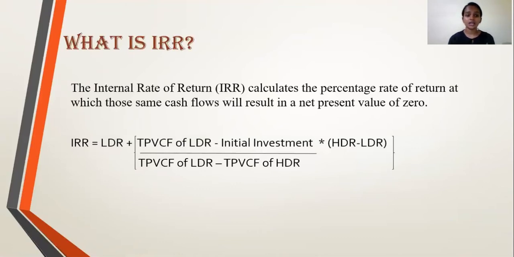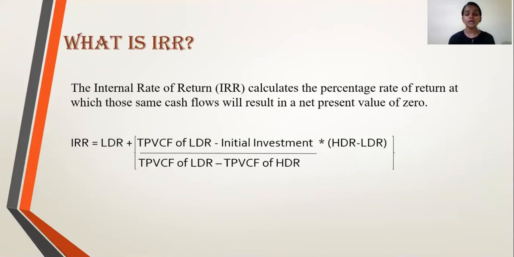LDR, which means low discount rate, plus TPVCF, which is the total present value of cash flows at the low discount rate, minus the initial investment, divided by the total present value of cash flows at the low discount rate minus the total present value of cash flows at the high discount rate, the whole multiplied by the high discount rate minus the low discount rate. So that is the trial and error method on how we find out the IRR.